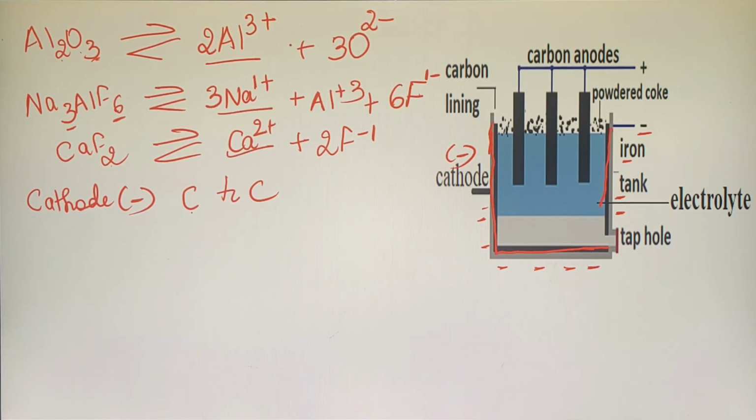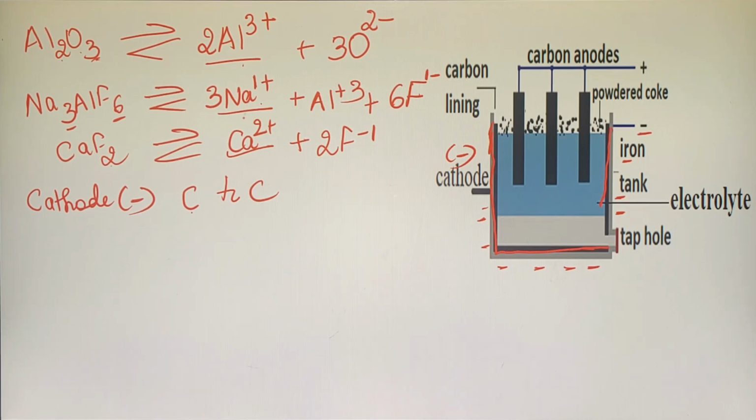Now you have three cations available here. Okay, you have aluminium, you have sodium, you have calcium. All three of them come and run towards the cathode, but only one of them gets discharged. Okay, and which one of it will get discharged? We know the lower the position in the series, the more easily or the more is the ease for discharge.